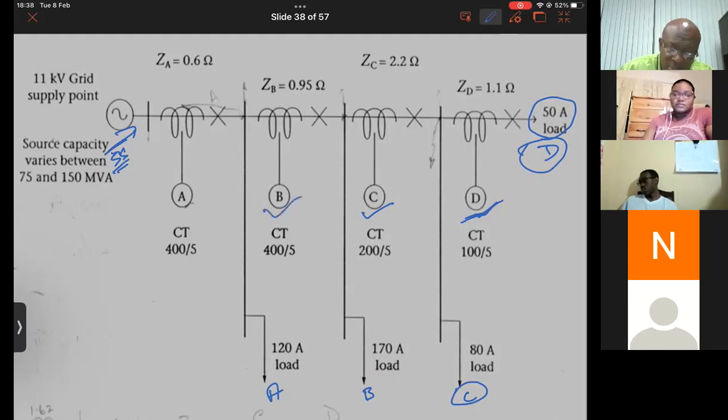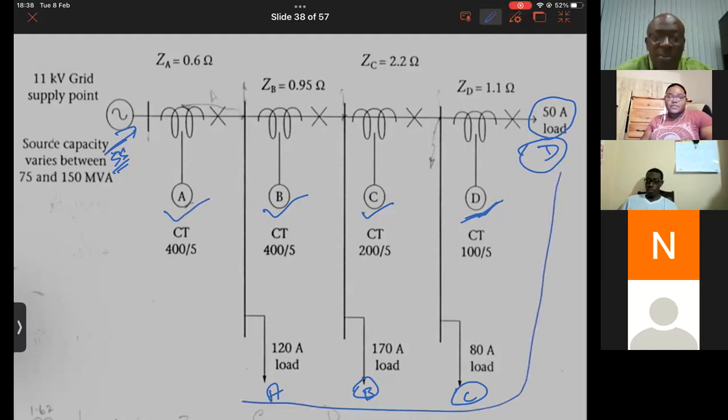When we go to B, it must carry B, C, and D. So we have 130 plus 170 to give us 300. And then when we come to relay A, it must carry all 4 communities.